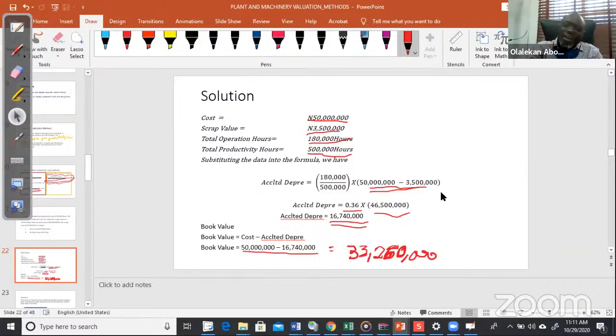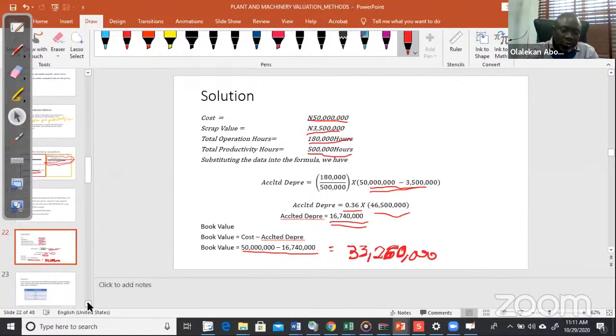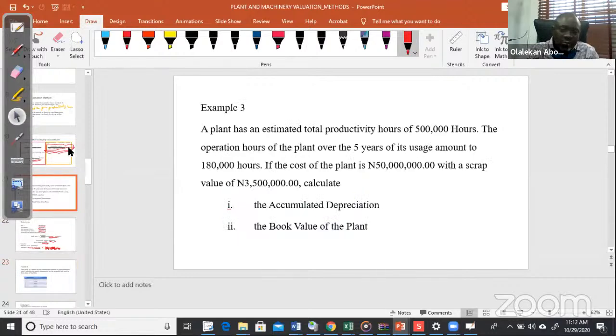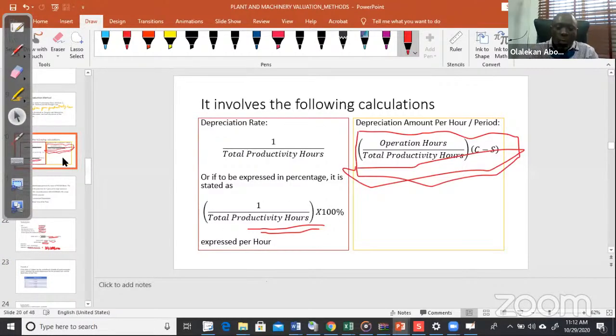Okay, can you go back to the formula, sir? No problem. I'll give you an applied question, but first I'll show the formula quickly. Then we work with the applied question.